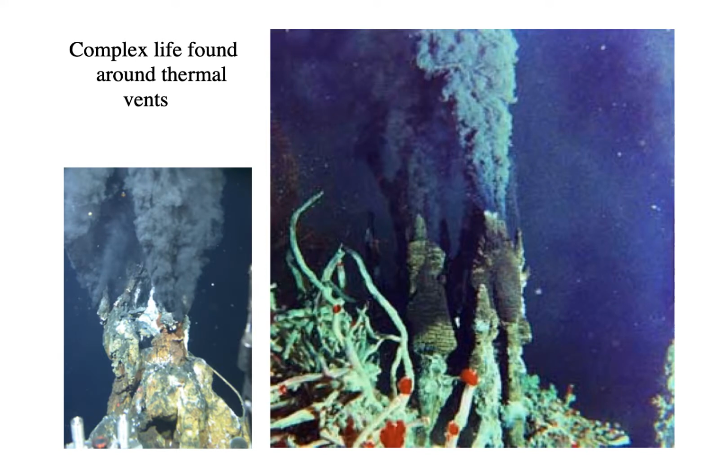So here's some of those black smokers, and not only do you have bacteria and other things growing close to or even within sometimes those hot vents, you have very complex organisms, in this case some eukaryotic organisms, clams and things like that, living around those that feed on the bacteria, but also use some of the compounds from those black smokers and other hydrothermal vents.